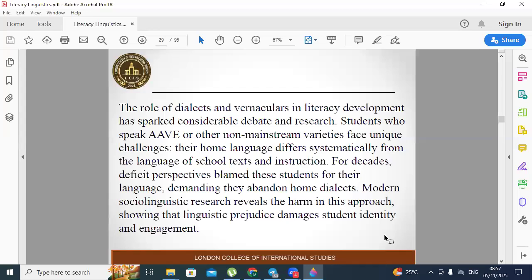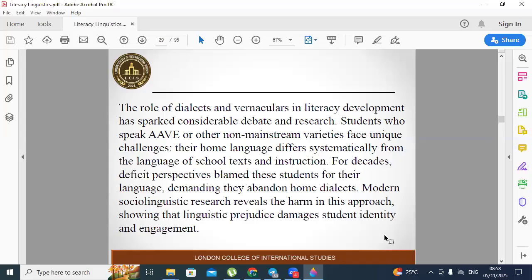The role of dialects in literacy development. Now let's address the crucial question: what role do dialects and vernaculars play in literacy development? This has sparked considerable debate and research, and the answers have important implications for teaching.